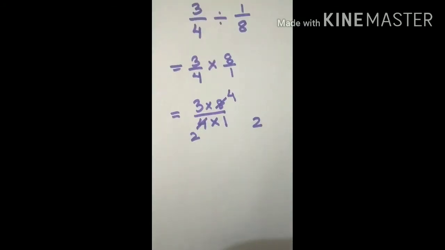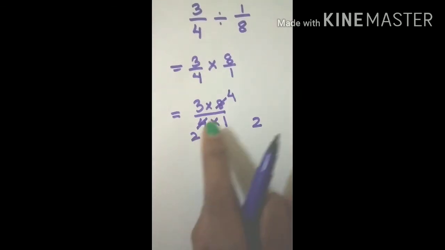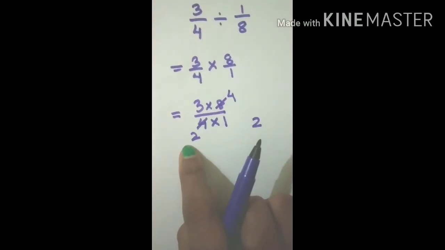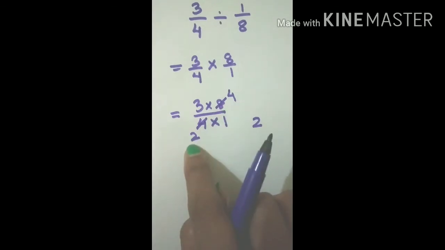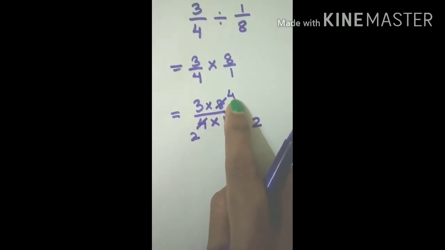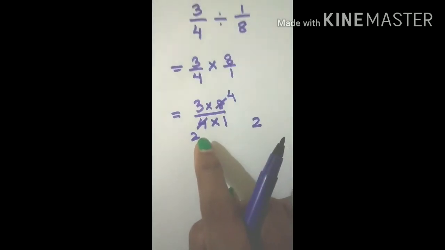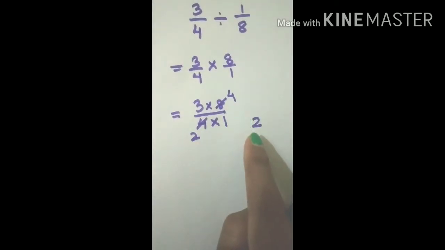Now, is there any common factor between 2 and 4? Yes, there is a common factor between 2 and 4, and the common factor is 2. That means we will divide 2 and 4 again by 2.